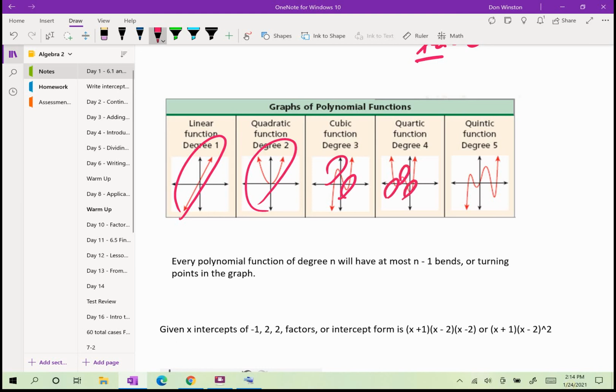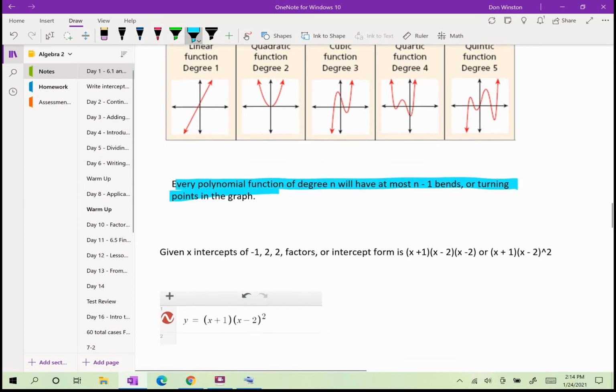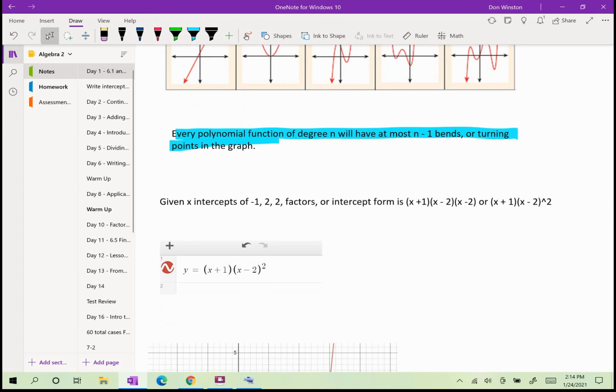If I have a degree 5, I'll have at most 4 bends, 1, 2, 3, 4. That's going to be important as we move ahead.